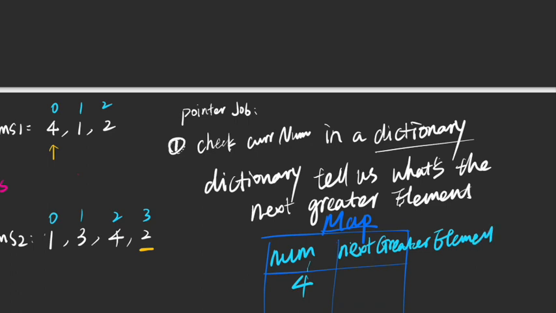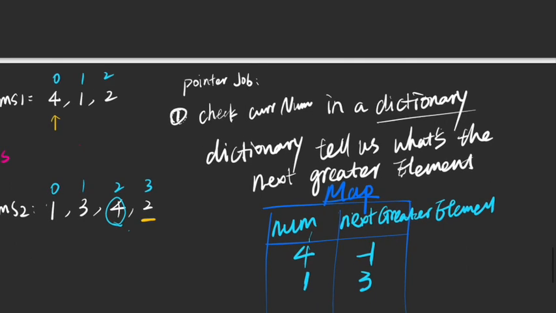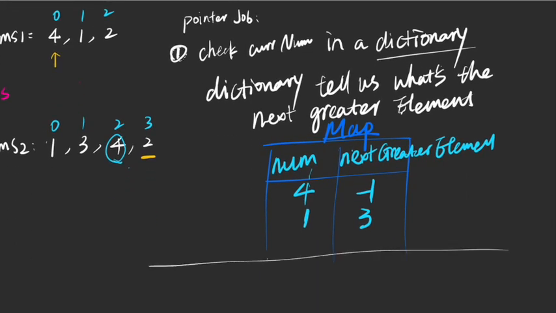For the 4, the next greater element is nothing, so we just have -1 here, and for 1 the next greater element is 3. So this is the map we want to have. Now the second problem is how we build this map.